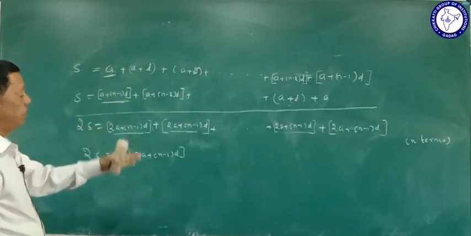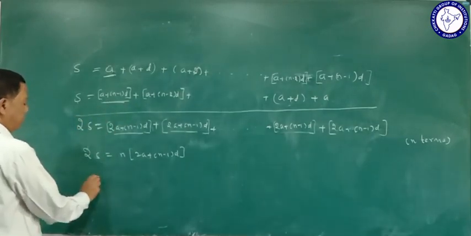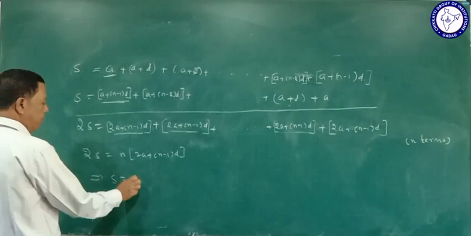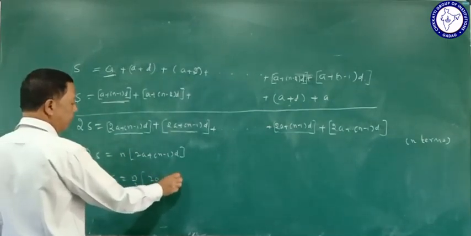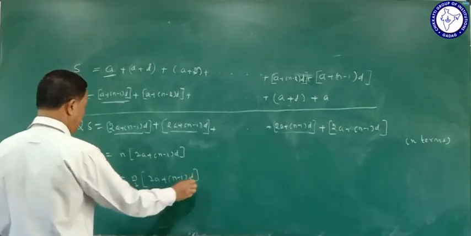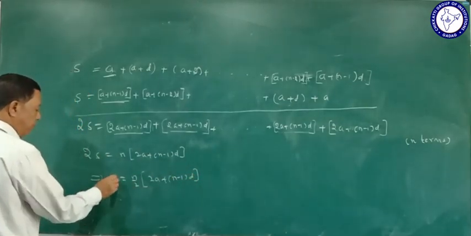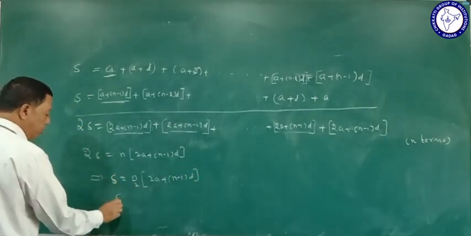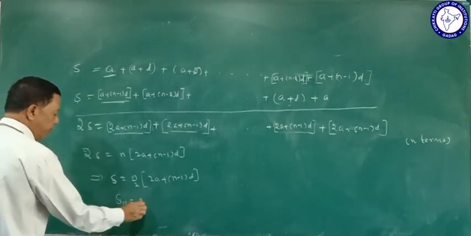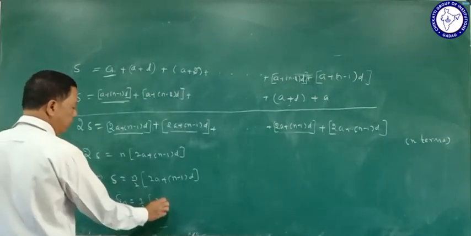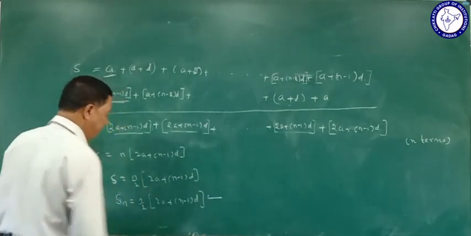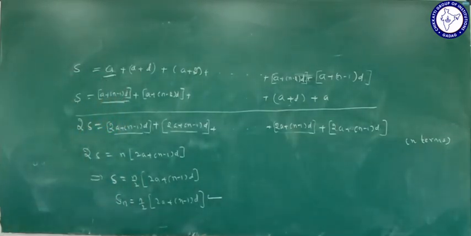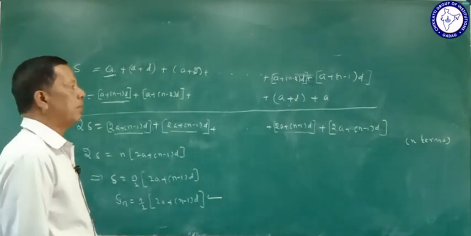N of these numbers. So S is equal to n by 2 into bracket 2A plus n minus 1 into D. So this is the sum of n terms. The symbol we write like this also: n by 2, 2A plus n minus 1 into D.